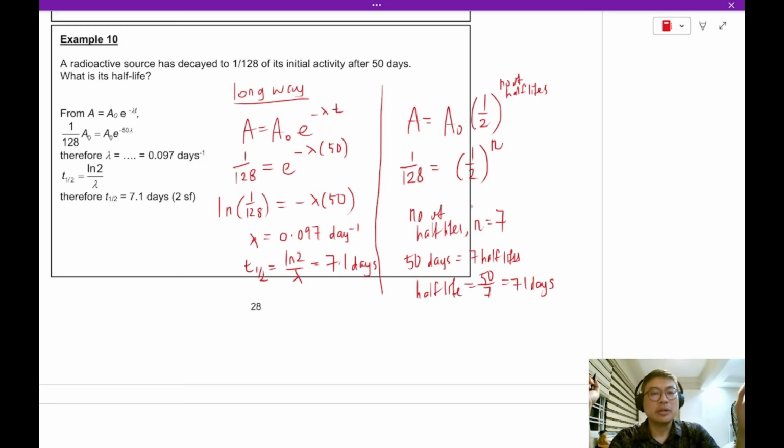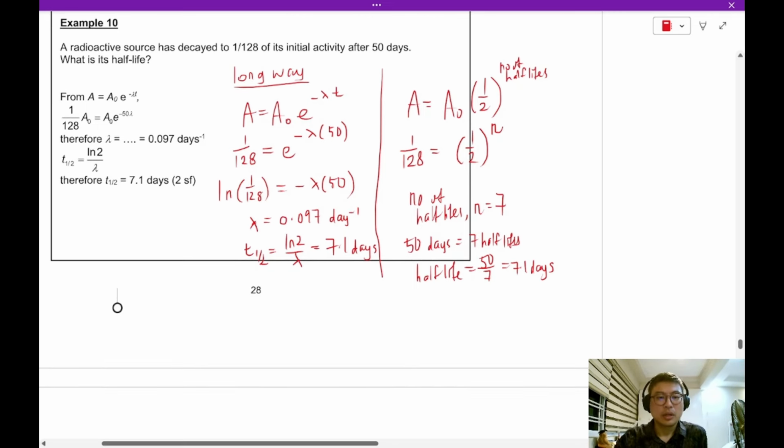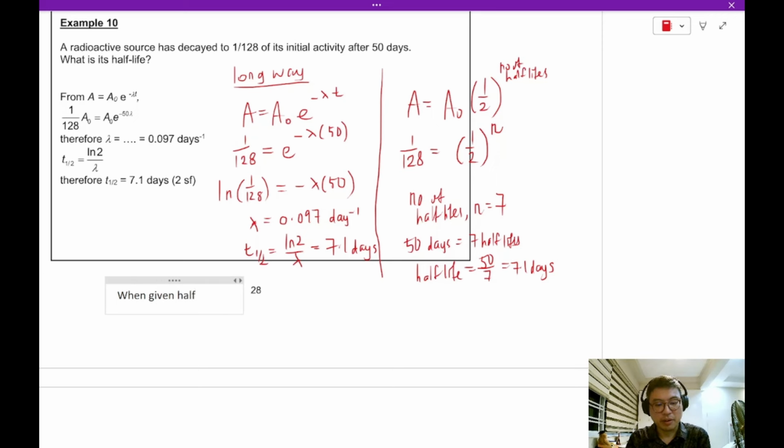Okay, so you can use both equations. You can use the exponential format, or you can use half to the power of the number of half-lives. Now, when do you use which equation? I would generally say that when given the number of half-lives, use the second equation, A equals A0 multiplied by half to the power of the number of half-lives.